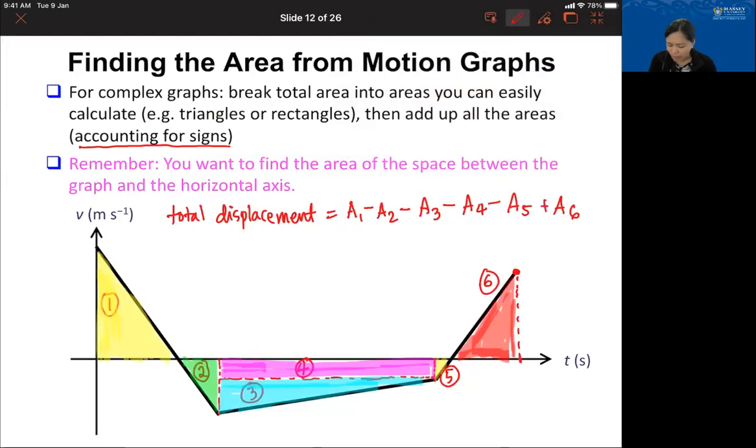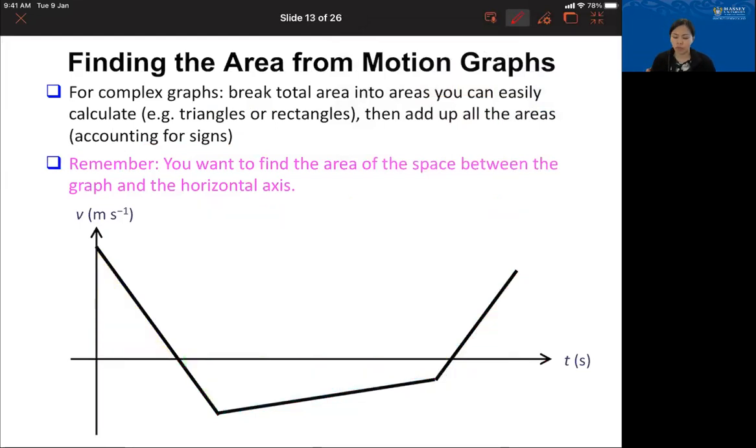But again, that's why I discussed the trapezoid, because if we know the area of a trapezoid, then we can actually simplify this. Instead of adding up 6 areas, we can actually divide this irregularly shaped area into 2 portions, and we can see that this is a triangle here.